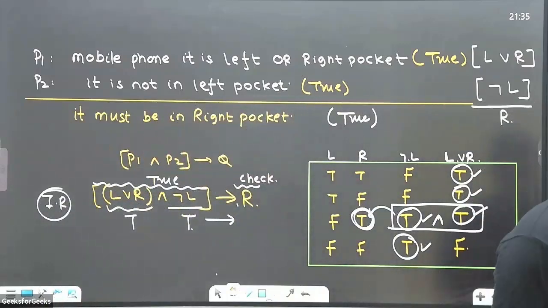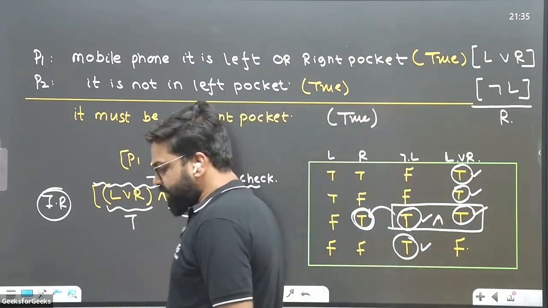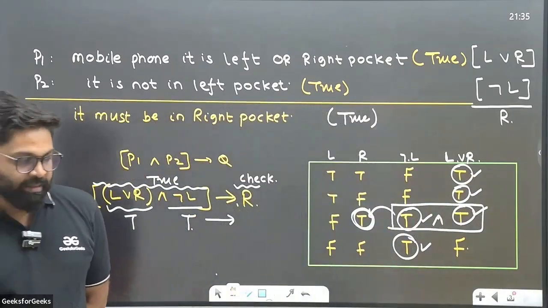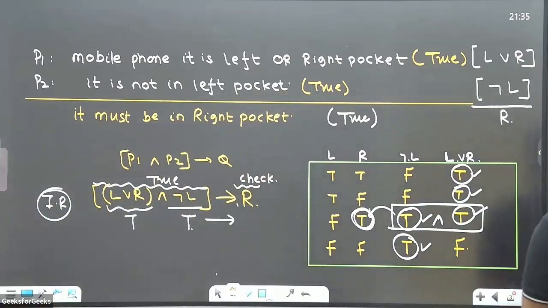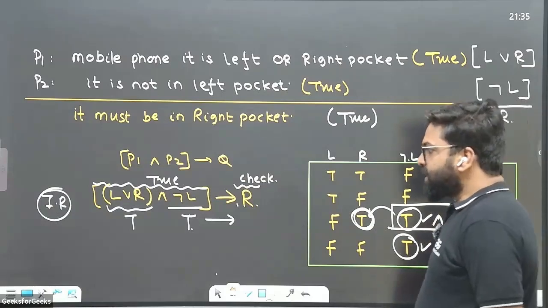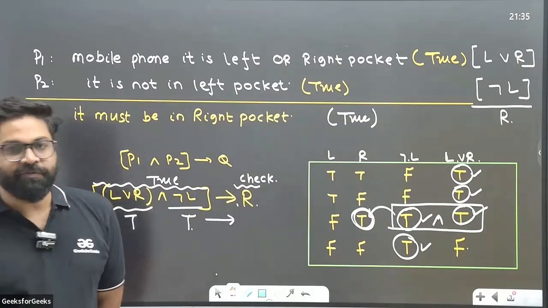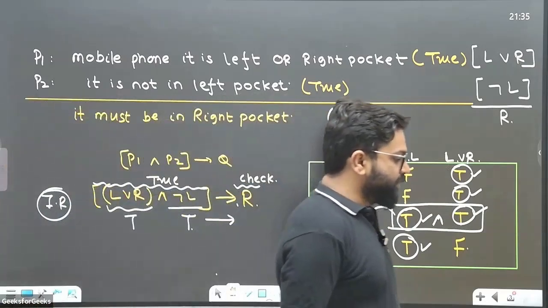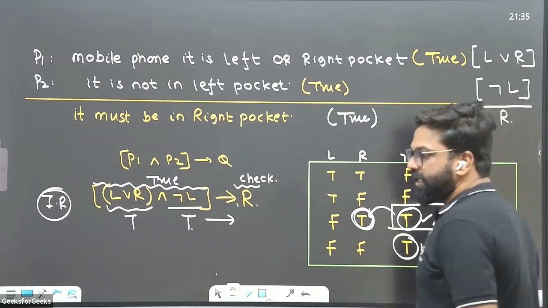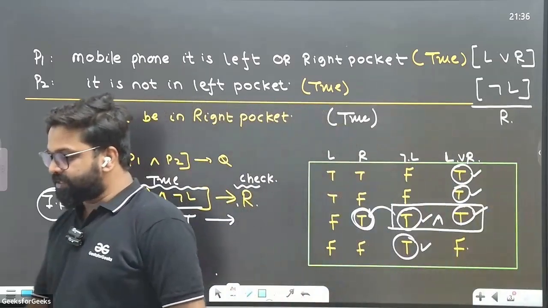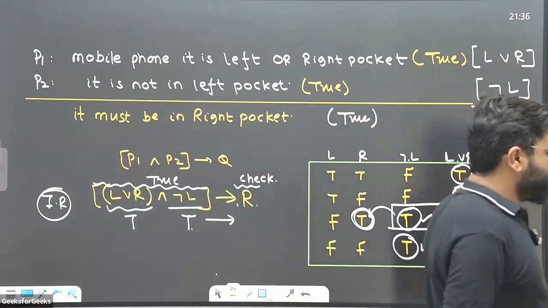Any expression which satisfies the inference rule will become valid. And how will it satisfy the inference rule? Your left side must be true. If you take your left side as true, then you have to check the right side, and the right side will also come as true. Only when your right side becomes true will it become the inference.